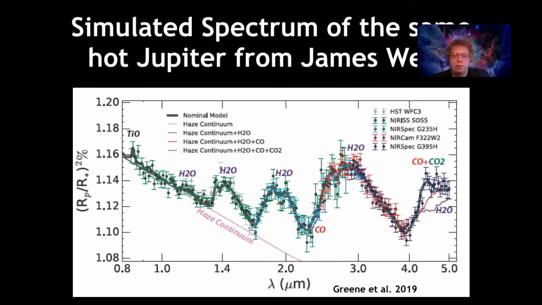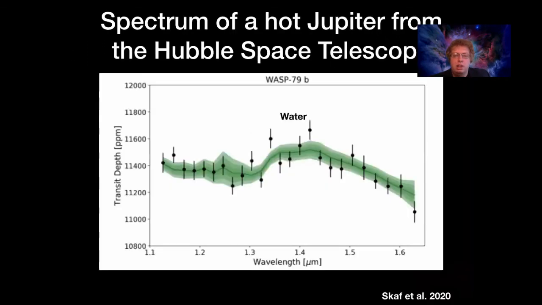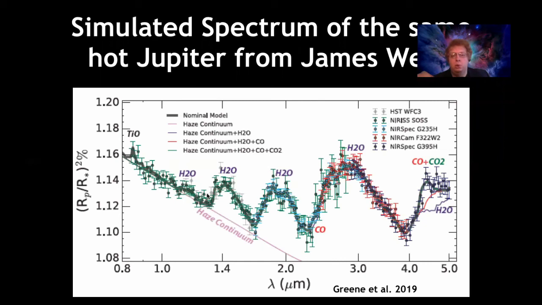So instead of just being able to see water, we will see molecules like titanium oxide, carbon monoxide, carbon dioxide, and we'll have much more precise data. So the amount of improvement you can get from going from data like this to data like this will just totally change how we think about exoplanet atmospheres. And I'm sure that we're going to find tons of surprises along the way.